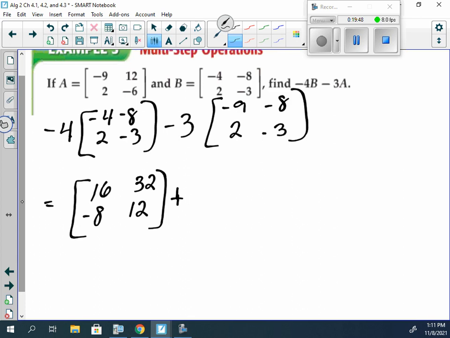If we multiply through by 3, the negative will stay outside. I'm just going to multiply through by the negative 3, so we don't have to deal with subtraction. Well, negative 3 times negative 9 is 27. Negative 3 times negative 8 is positive 24.